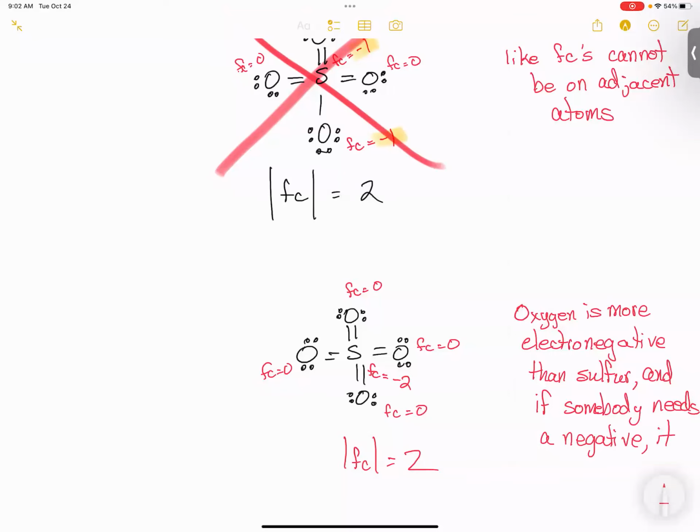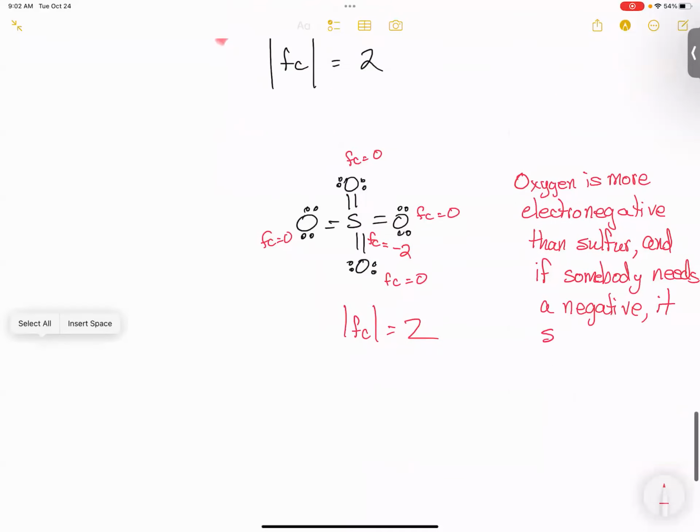It should be oxygen. That's part of the answer. But there's also the fact that you really want the numbers to be as close to zero as possible.